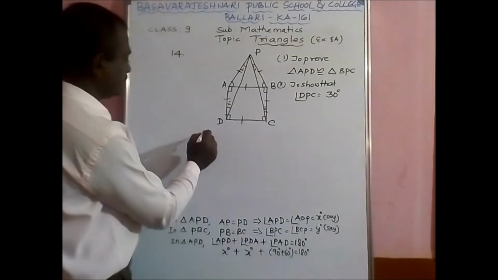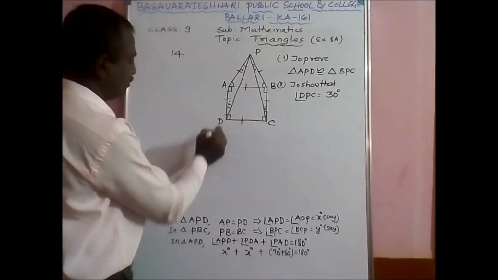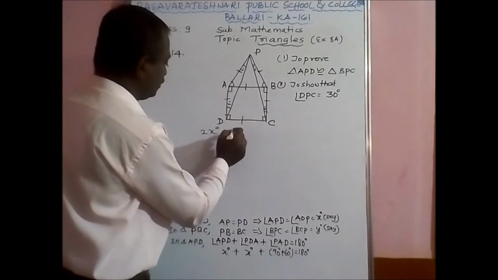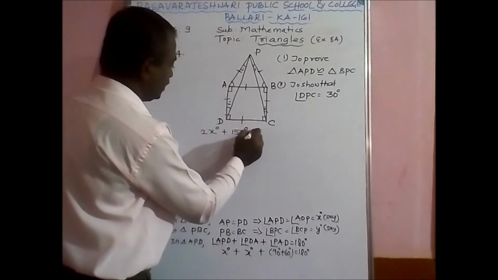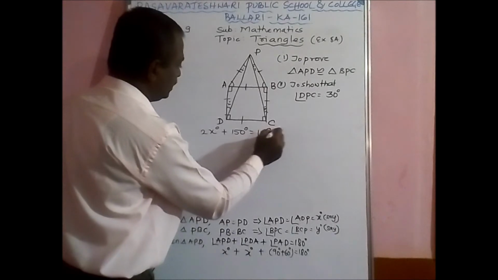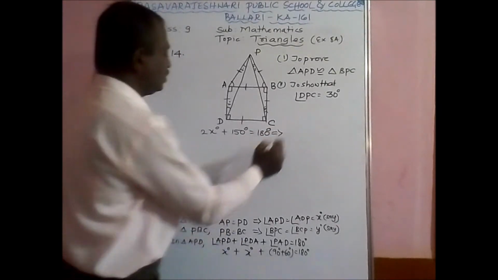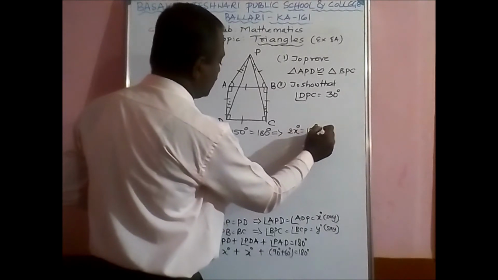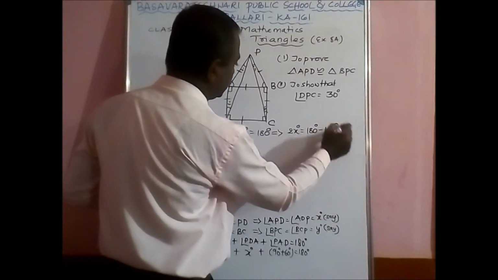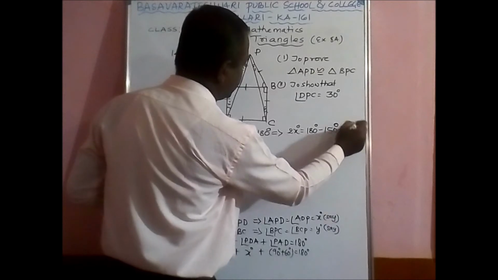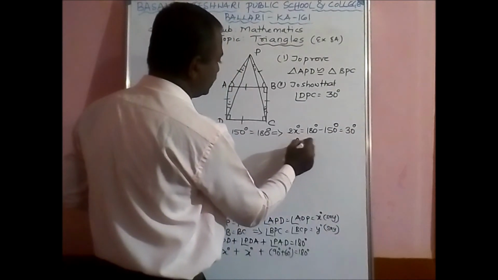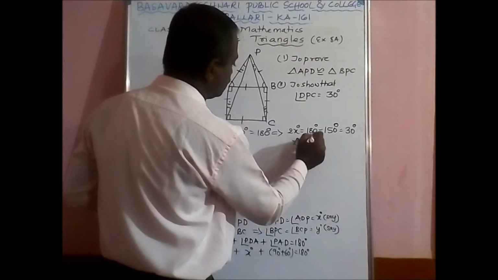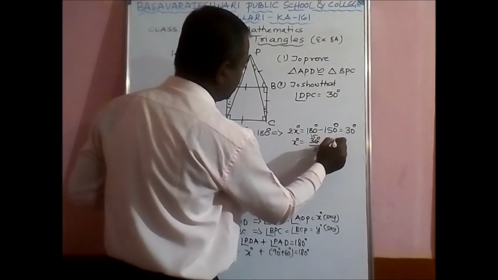So now 2x degrees plus 150 degrees is equal to 180 degrees. This implies 2x is equal to 180 degrees minus 150 degrees, that is equal to 30 degrees. Therefore x degrees is equal to 30 degrees by 2, which is equal to 15.